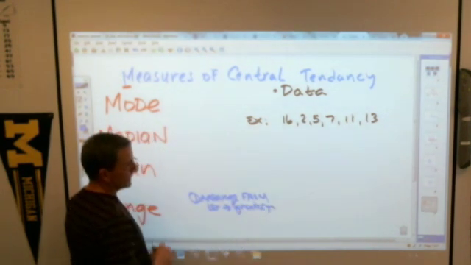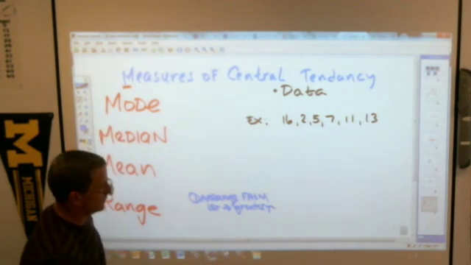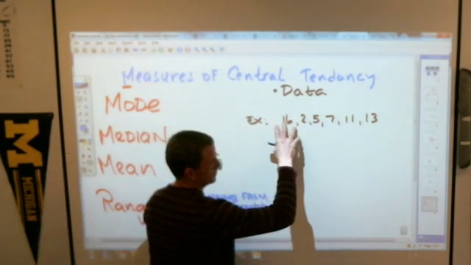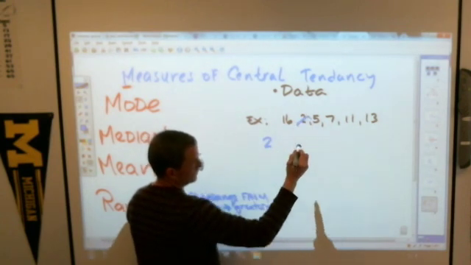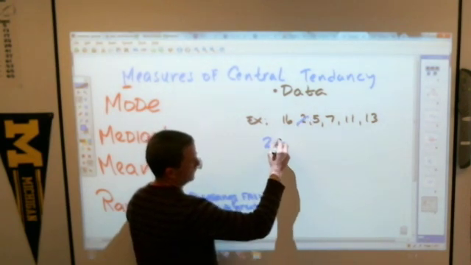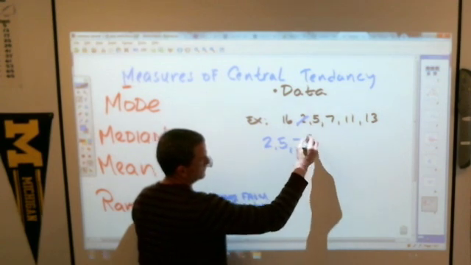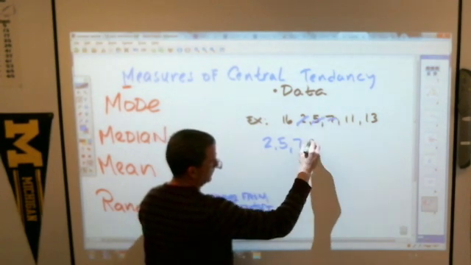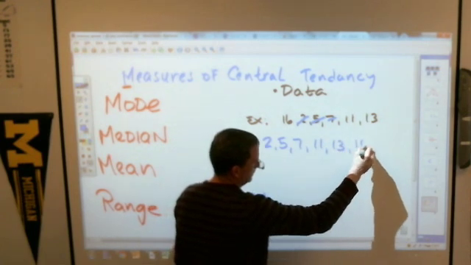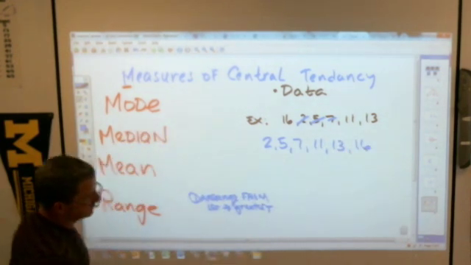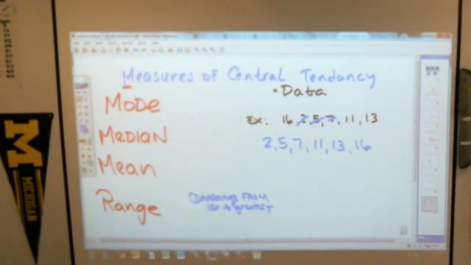Now for some of them you don't super duper have to, but you really want to do it just so you can see. So I'm going to change all this so I write down the smallest number first. I believe 2 is the smallest number, and then 5, and then 7, then 11, then 13, and 16. Does that make sense to you?